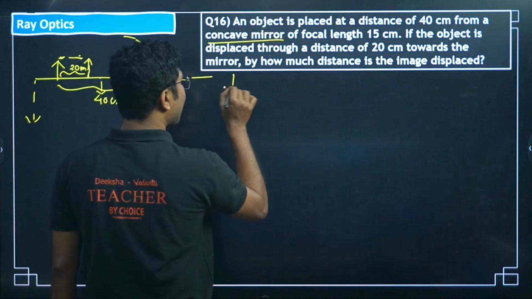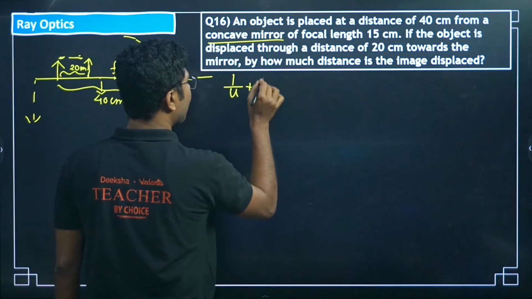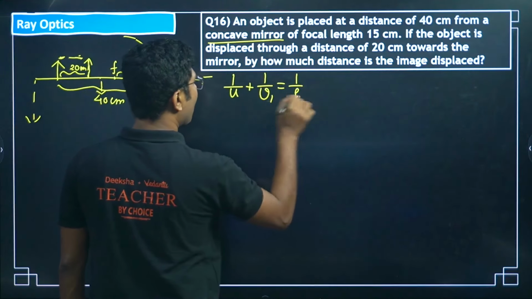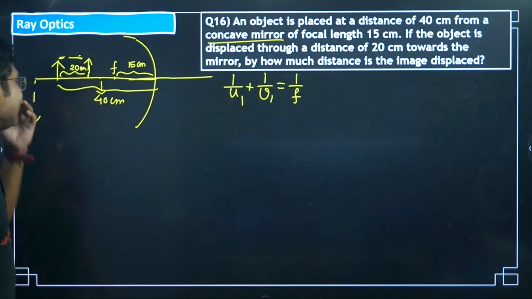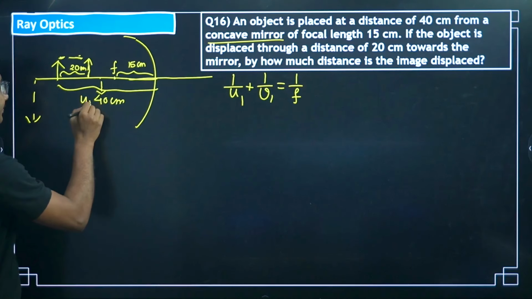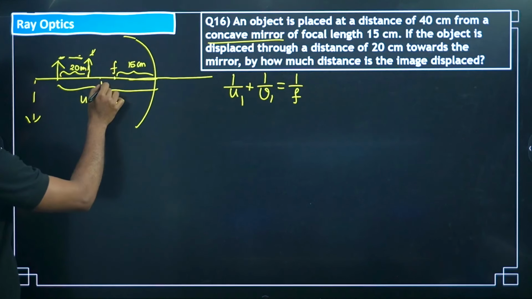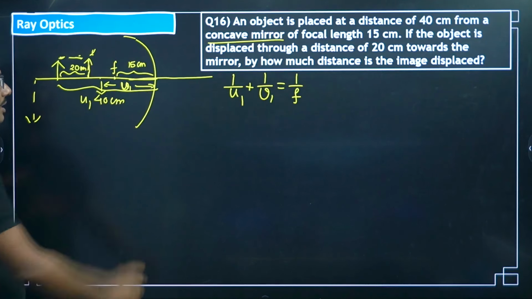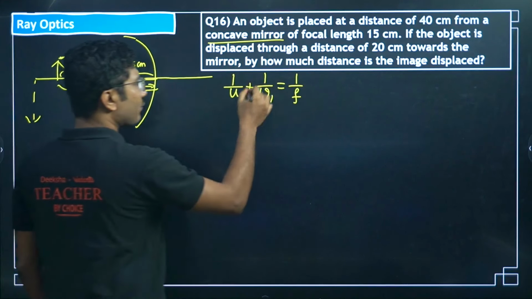So, 1 by U1 plus 1 by V1 equals 1 by F. This initial distance is U1, and the initial position of the image is V1. These are the things we are trying to find. We are trying to find V1.